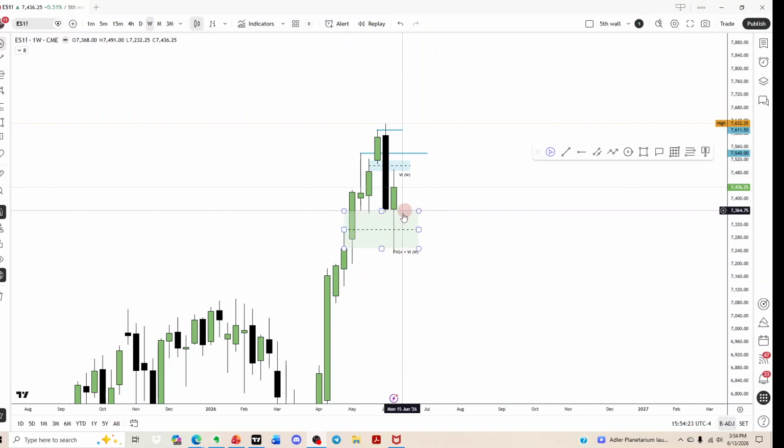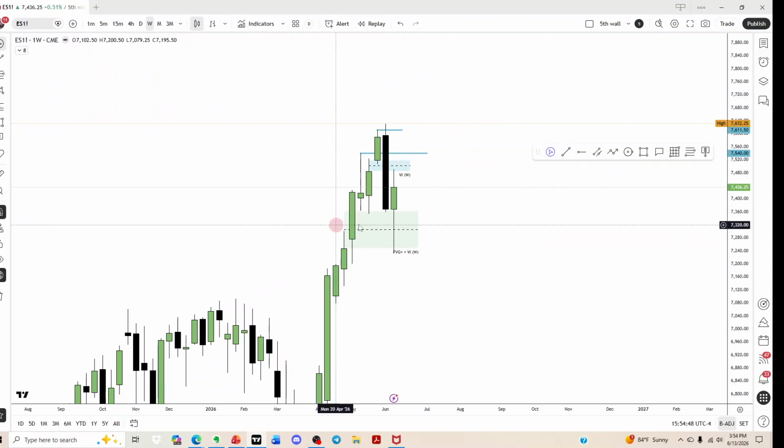So this coming week, if we are bullish, ideally we want price to hold the upper quarter, and at the very least hold the consequent encroachment, the midway point of this fair value gap. But clearly anything goes sometimes. It's not a hard and fast rule.